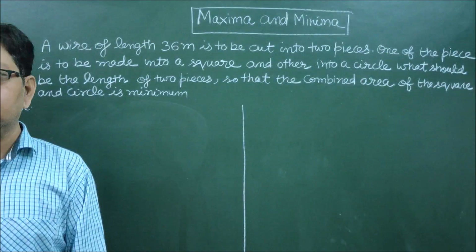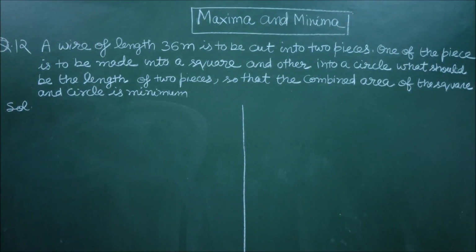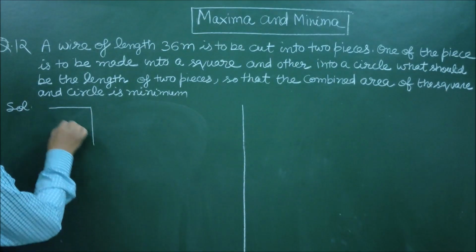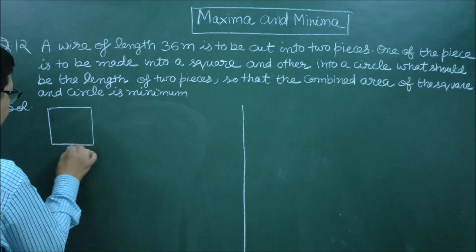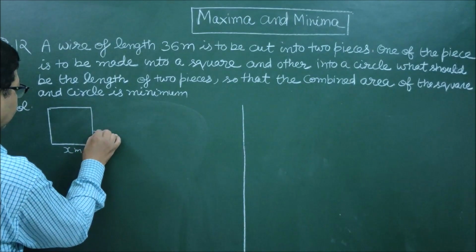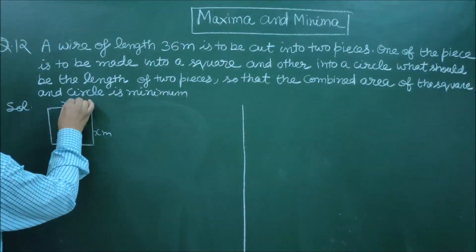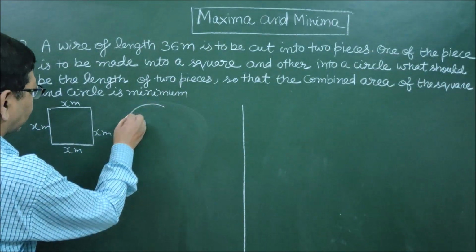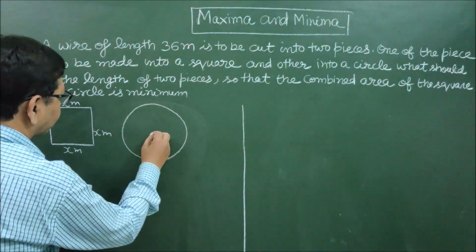So let the wire be cut into two pieces, and from those two pieces a square of side x meter is made. Each side is x meter, and a circle of radius y meter is drawn.